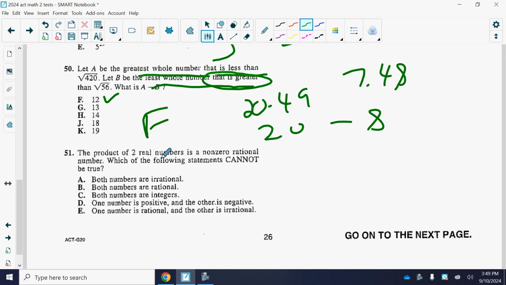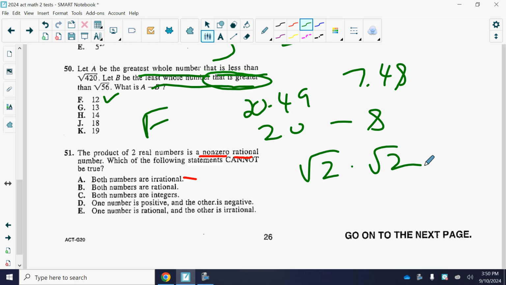The product of two real numbers is a non-zero, so which cannot happen? A rational number. So both numbers are irrational. That ain't it, because you can have irrational square root of 2 times square root of 2, and it would work out even.